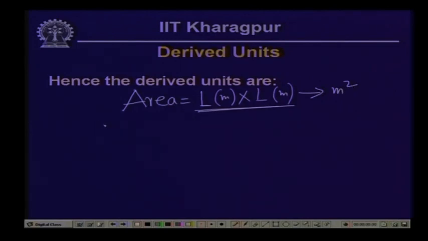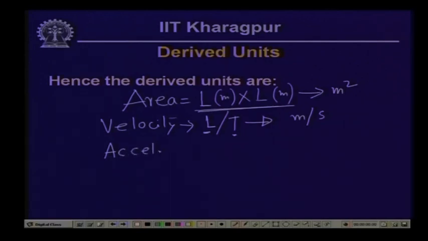If we talk about the unit for velocity, which is distance by time, so L by T, and if we substitute the units for these basic parameters, they are meter per second. The unit for acceleration, which is the rate of change of velocity, is L by T square, and thereby it gives the unit as meter per second square.